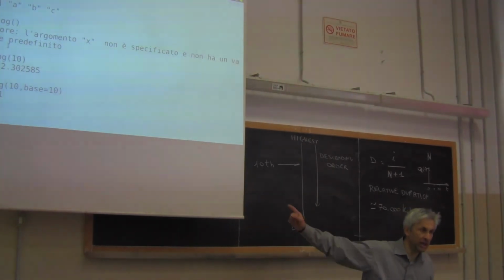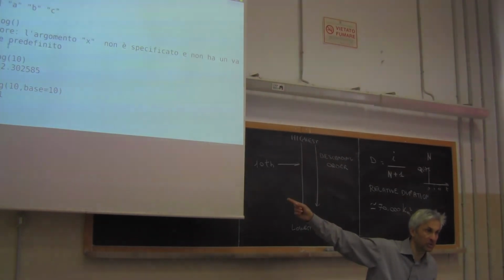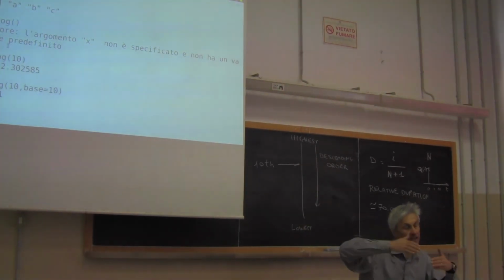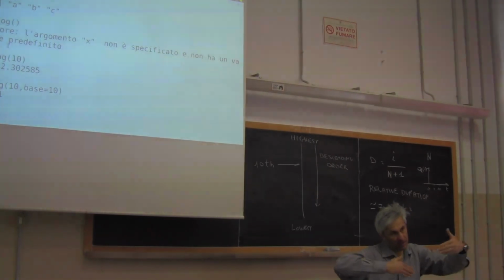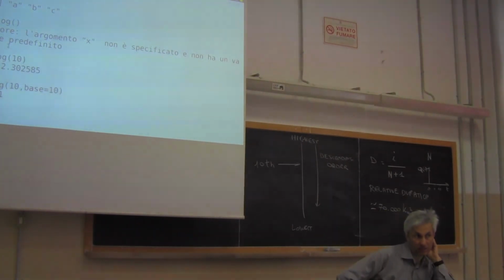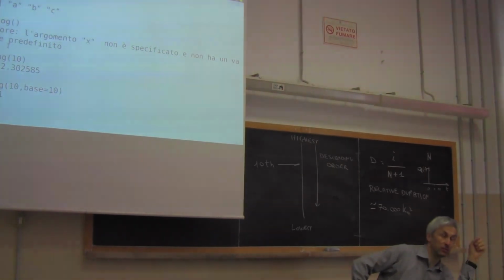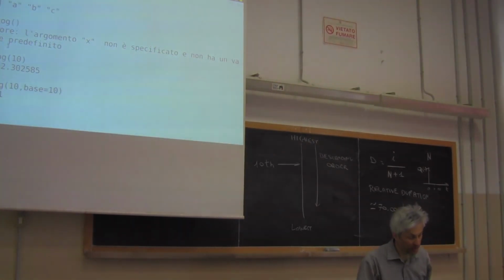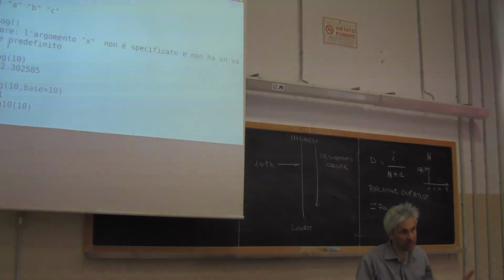In this case, I gave also the second argument, which is the base, and I cancelled the default and adopted 10 as base. I overwrote the default. Okay? Same thing if I did log10 of 10. Log10 is the logarithm function in base 10.